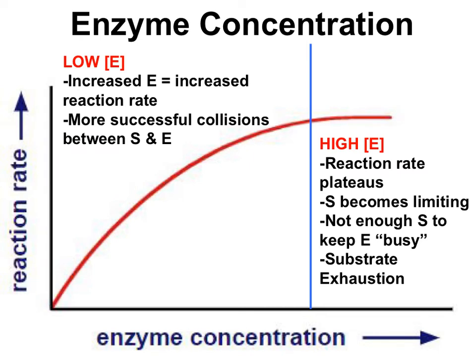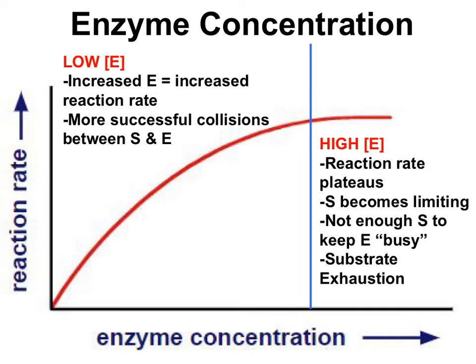For the explain part, to explain why this is happening, I like to split the graph into two halves to describe what's going on with low enzyme concentration and high enzyme concentration. With low enzyme concentration, when you increase the enzyme concentration, you're increasing the reaction rate.